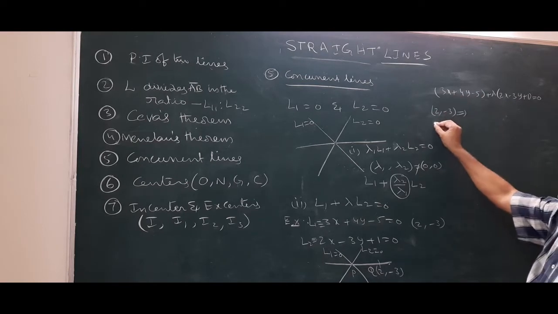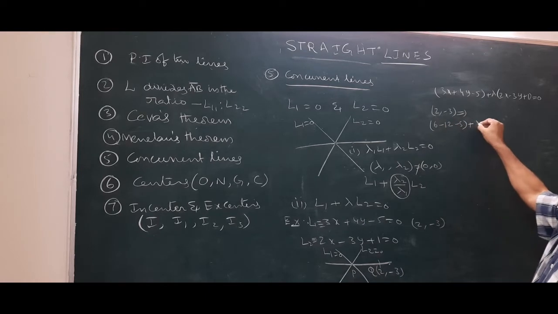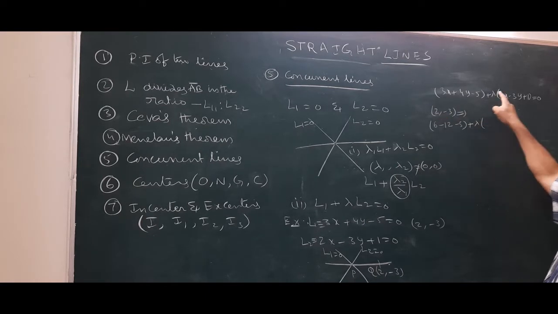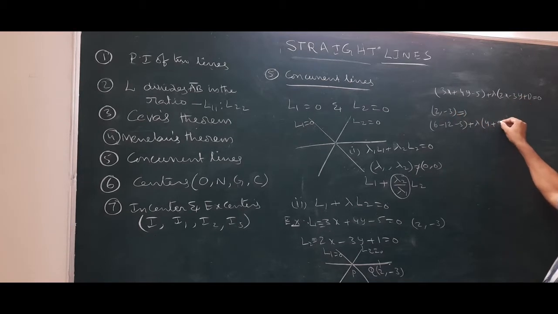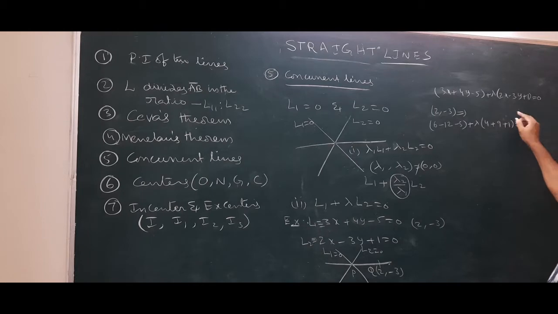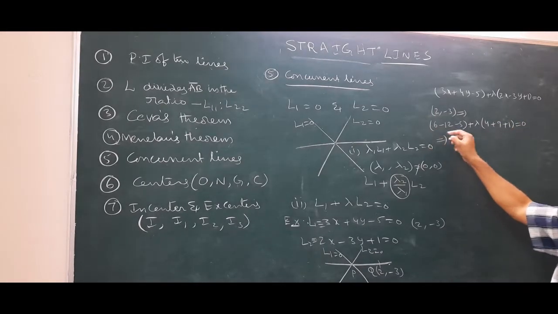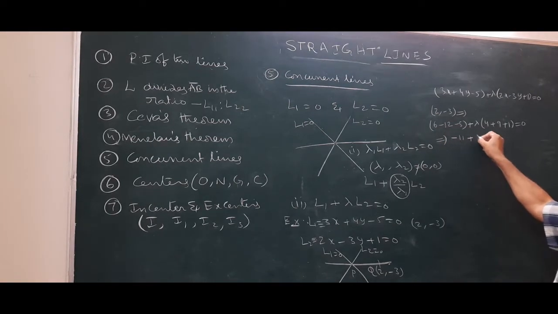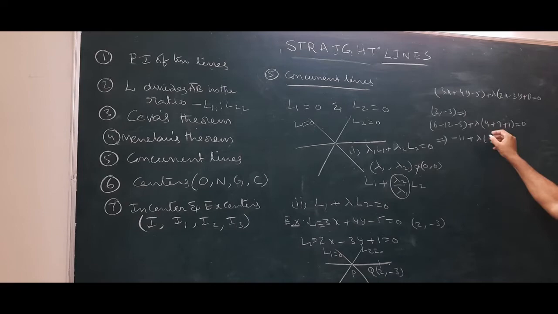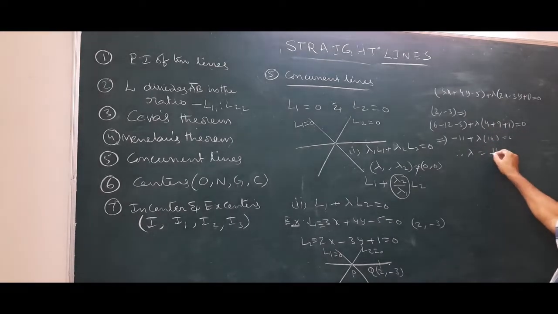We get 6 minus 12 minus 5, plus lambda into 4 plus 9 plus 1, equal to 0. That is minus 11 plus lambda into 14 equal to 0. Therefore, lambda equal to 11 by 14.